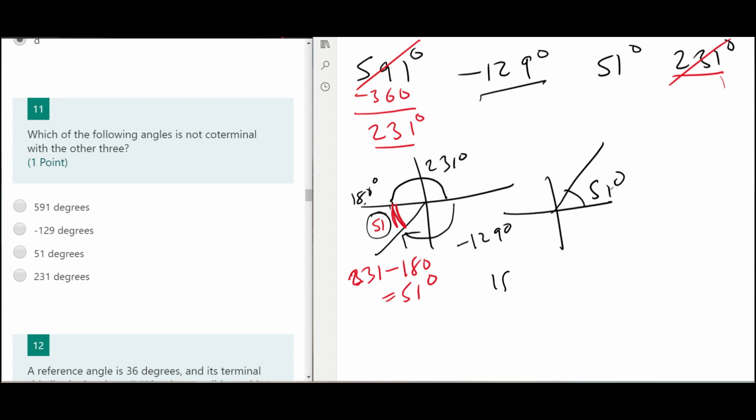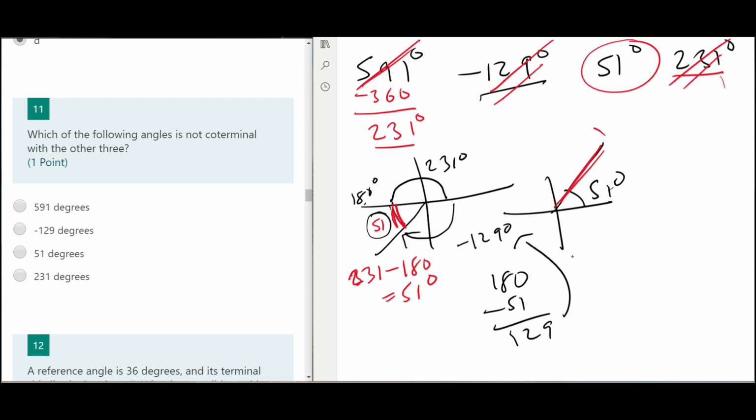So if you were to do 180 minus the 51 that we just found, that gives you 129, which is the same thing as that. So these three in red that I crossed out are coterminal. They're the same angle, whereas 51 degrees is not the same angle. It's in quadrant 1, whereas the other ones are in quadrant 3. So this is the final answer, 51 degrees.